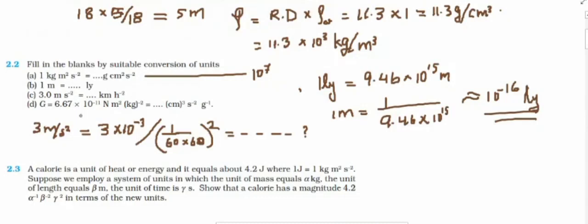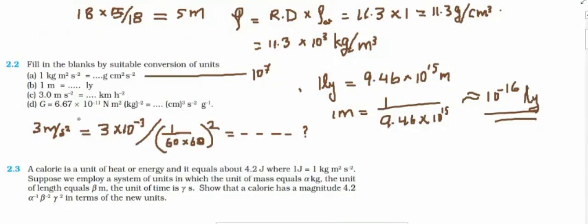Then G equal to 6.67 into 10 power minus 11 Newton meter square per kilogram square, and we are asked to convert it into centimeter cube per second square per gram.